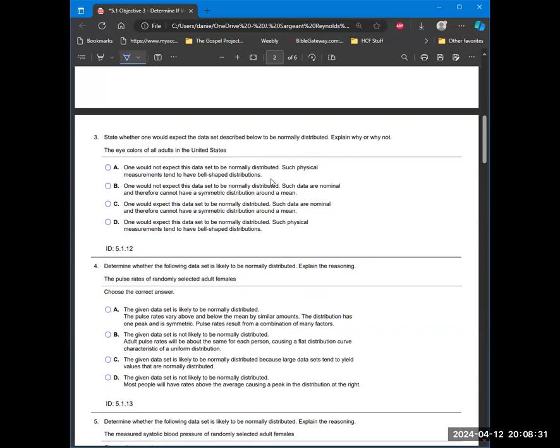This is B. Such data are nominal, meaning that it's just words and there's no numerical value to it, and therefore it cannot have a symmetric distribution around a mean.